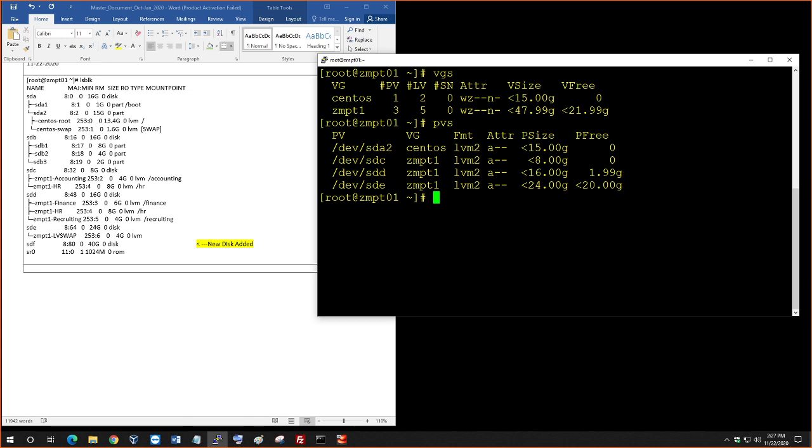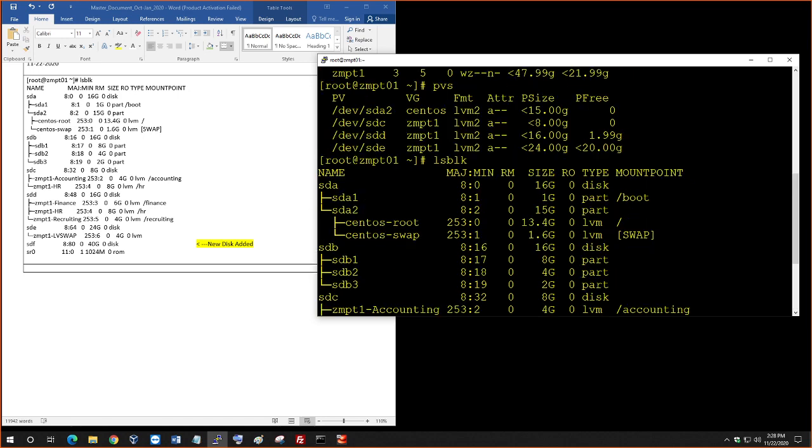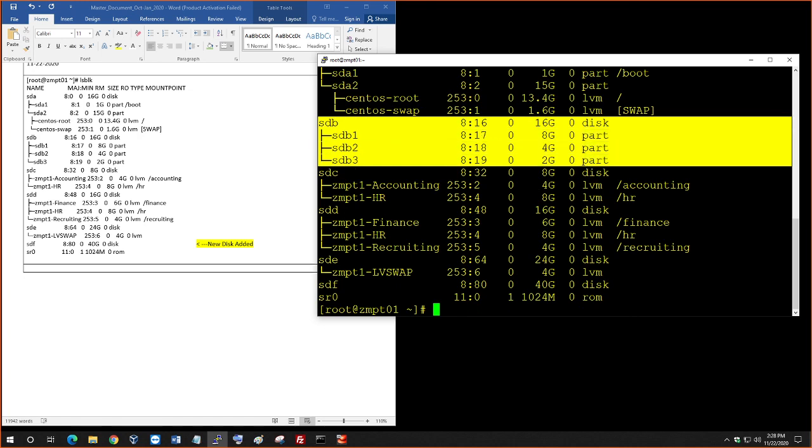Most of the time SDA is reserved for the operating system drive. Now we are dealing with SDC, SDD and SDE. Where is SDB? We are using SDB with fdisk. It's not using LVM, so SDB is not part of LVM here.